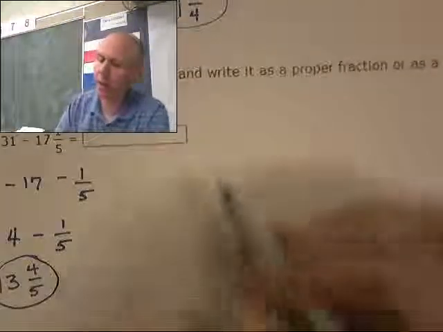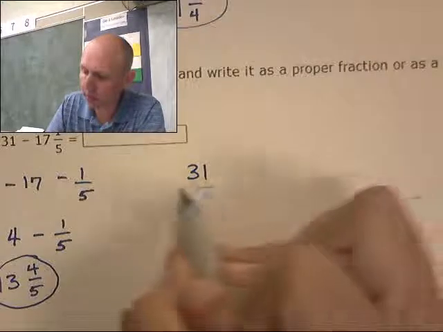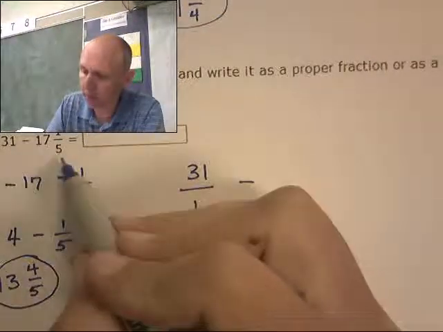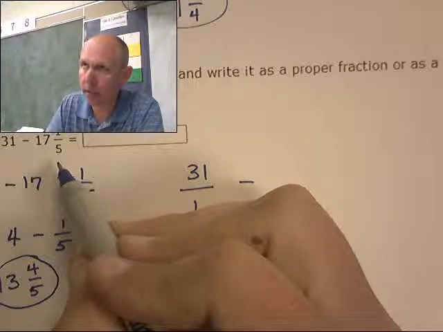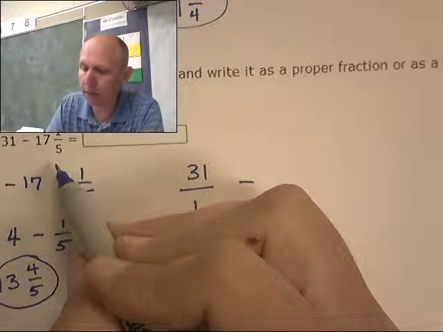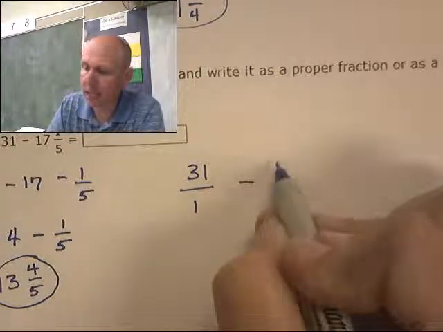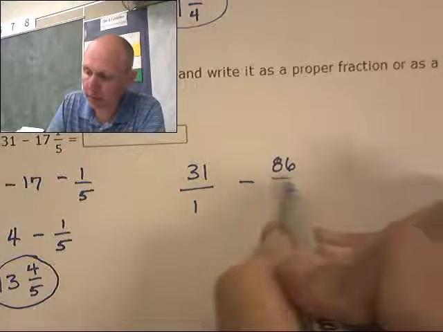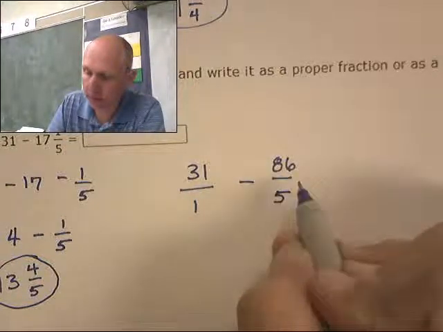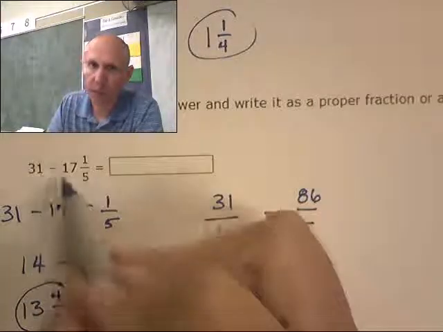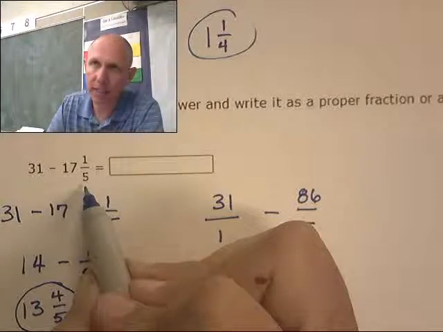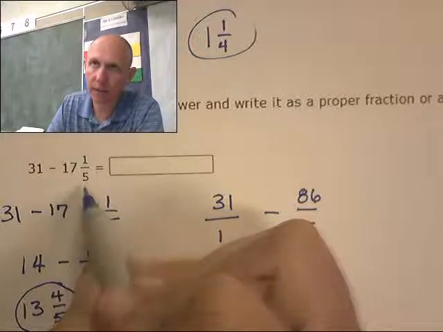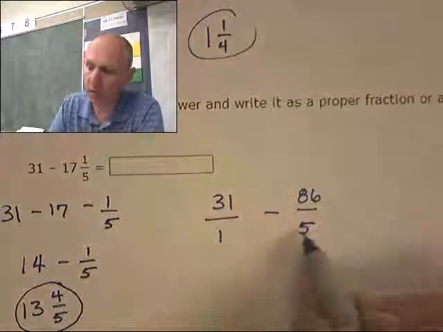Or do you want to do it by going everything into improper fractions? 17 times 5 is 85, plus the 1, 86 fifths.